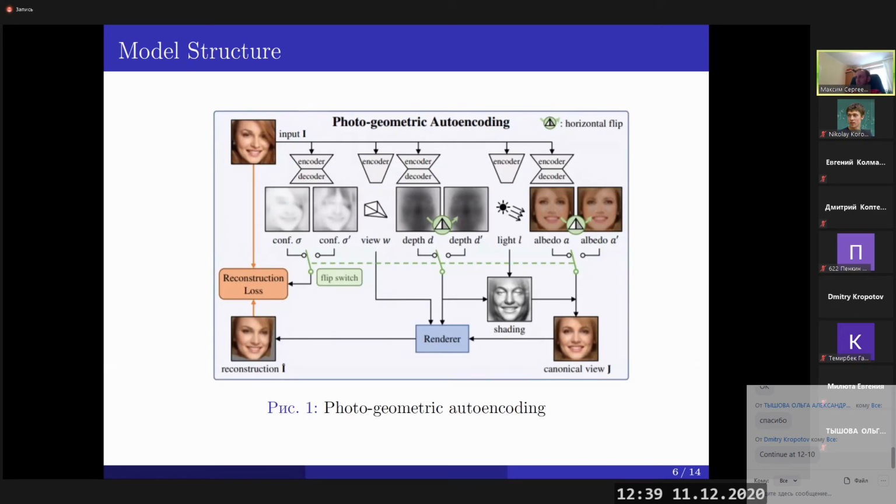I mean, this true information about depths, about albedo, about light, they don't use such information. They use only 2D images. That's all. It's the main feature of this method. It's fully unsupervised.